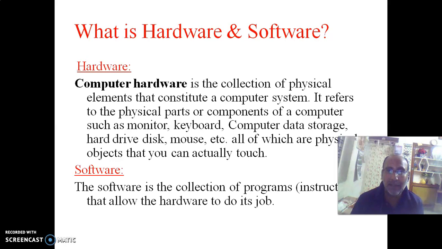Now, what exactly are hardware and software? Computer hardware is the collection of physical elements that constitute a computer system. It refers to the physical parts or components of a computer such as the monitor, keyboard, computer data storage like the hard disk drive, mouse, etc. All of these are physical objects that you can actually touch.